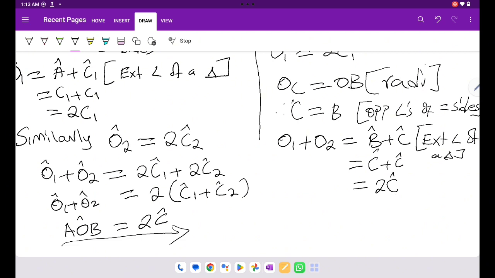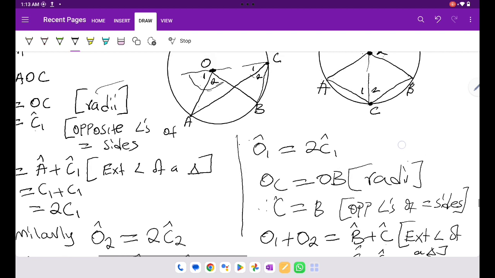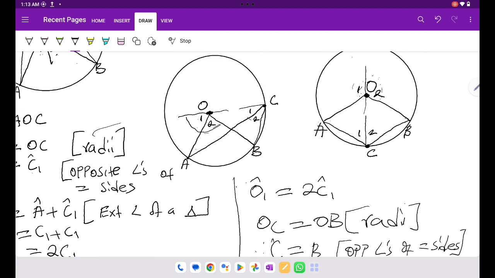So if we look at O1 plus O2 in our diagram, let's write it down.